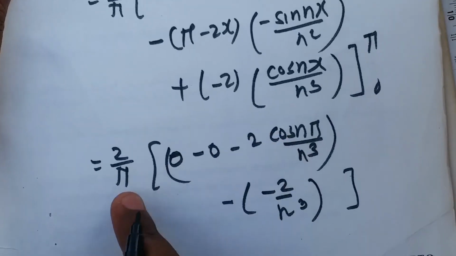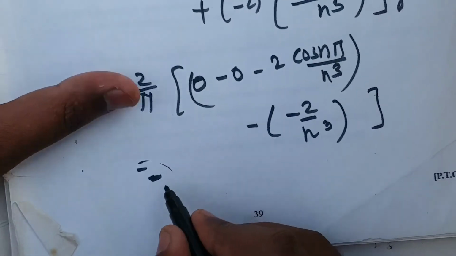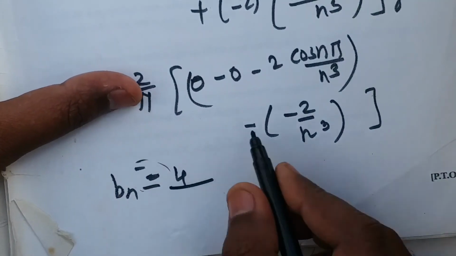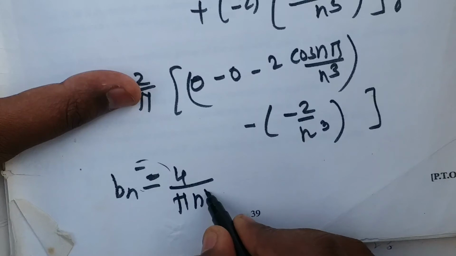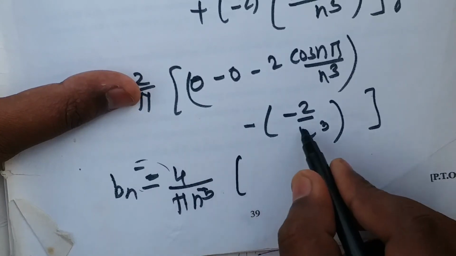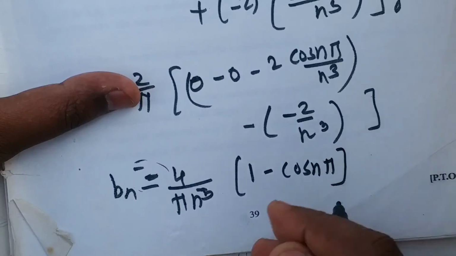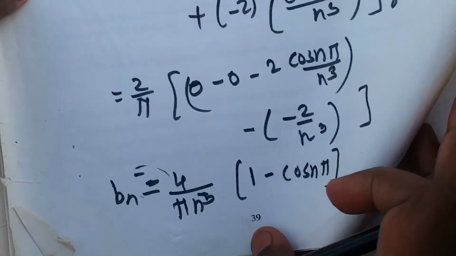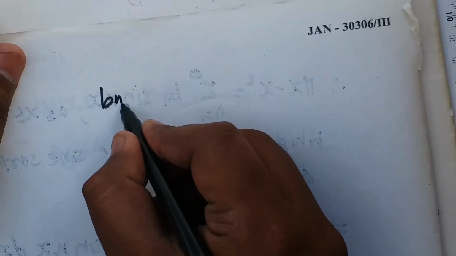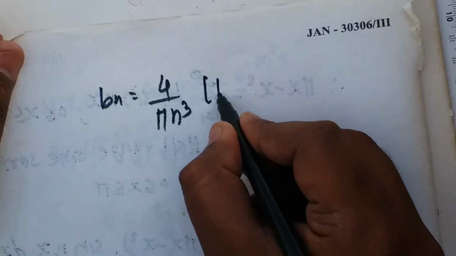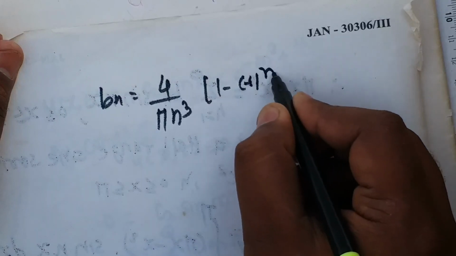This is the plus 2 by n cube, this is minus 2 by n cube. 2 by n cube we will take outside, so it will become 4, and bn will be 4 by pi n cube, in bracket this is plus 1 and this is minus cos n pi. Again, cos n pi value we know is minus 1 raised to n, therefore bn becomes 4 by pi n cube, 1 minus 1 raised to n.